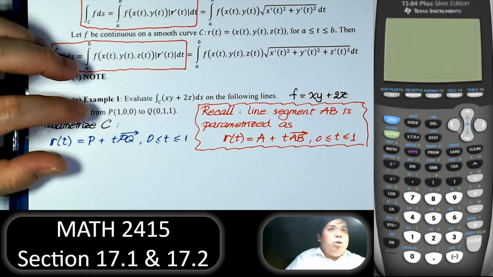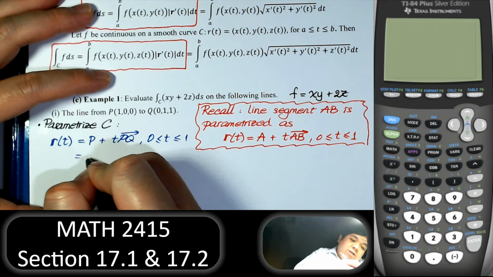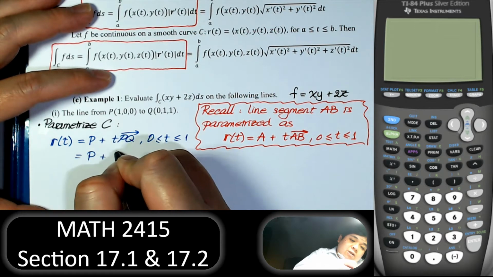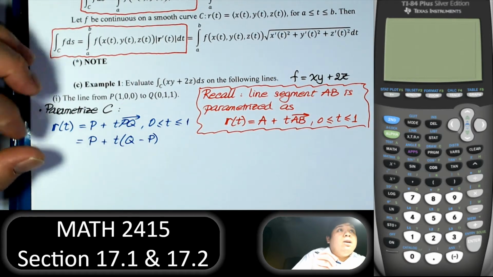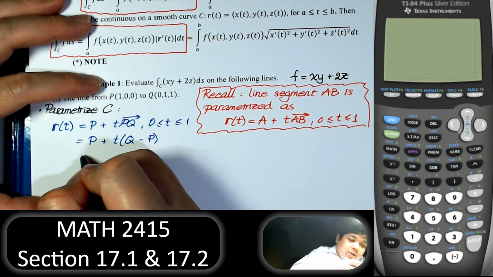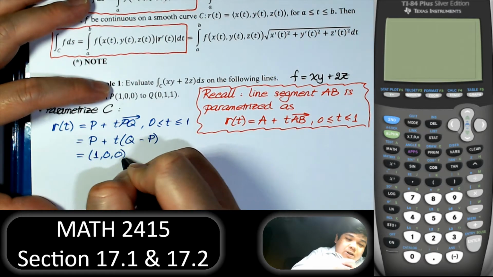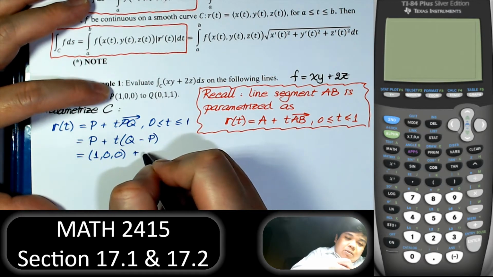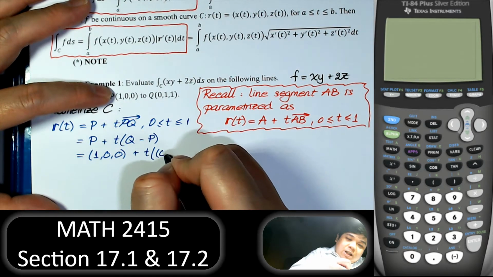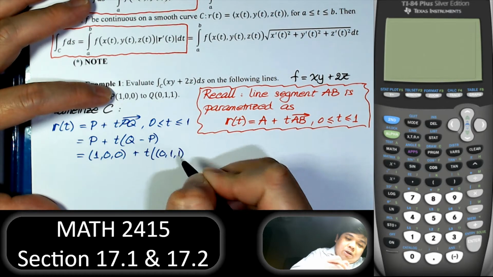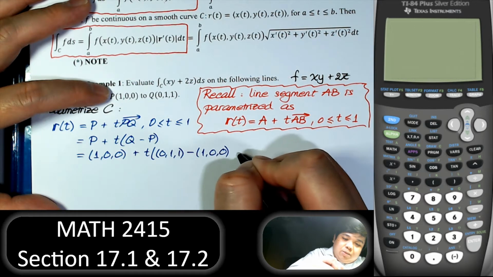The vector PQ, of course, is final minus initial. So the point P is 1 0 0, plus t times the point Q, 0 1 1, subtract P, 1 0 0.